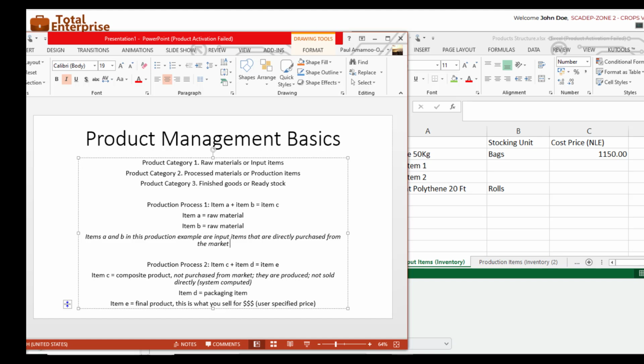Your input products, which are purchased from the market, are also user specified. I'm going to turn this into a table so that it's easier for us to read and understand what I've just done. Essentially, this is what you need to understand about setting up your product structure. This will introduce administrative structure into how you handle products and how you do record keeping for inventory management.